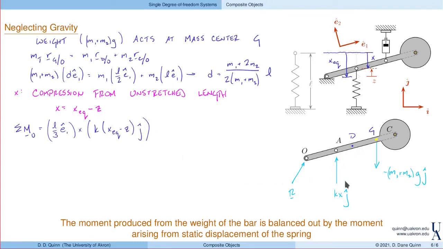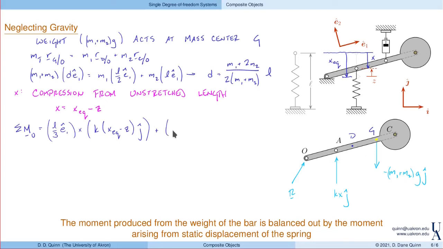Here, I'm just going to look at the balance between the force due to the spring and the force due to gravity, right? So in general, there would be a moment due to the damper here, right? But I'm just going to focus on these two and how these balance out.